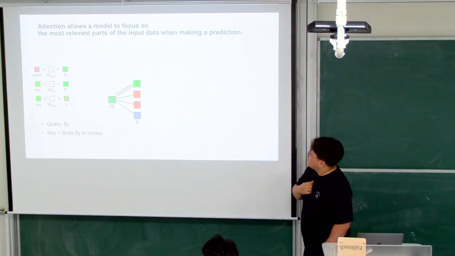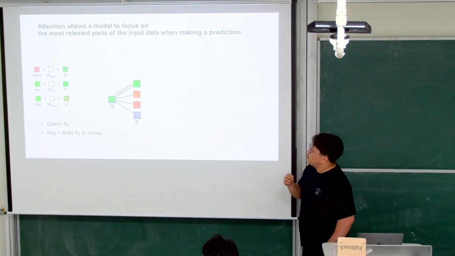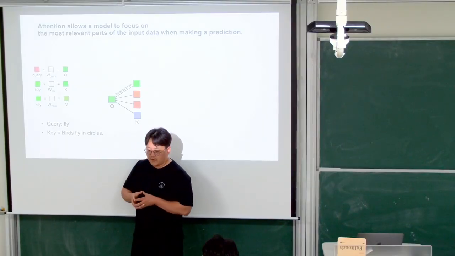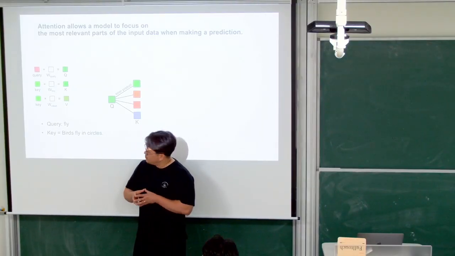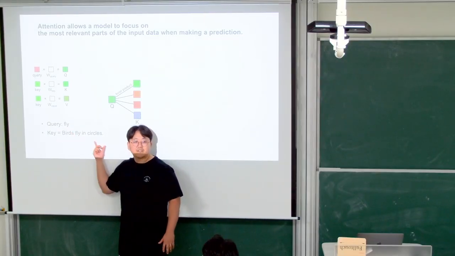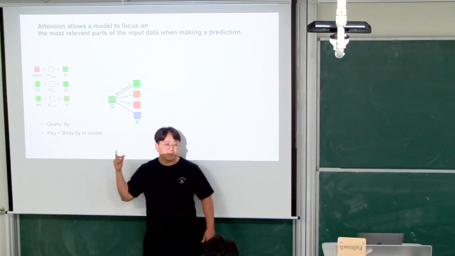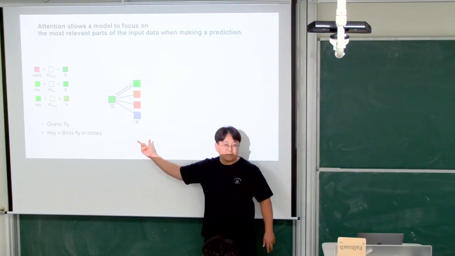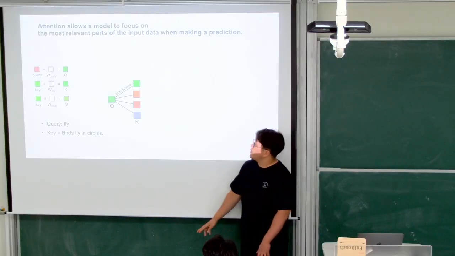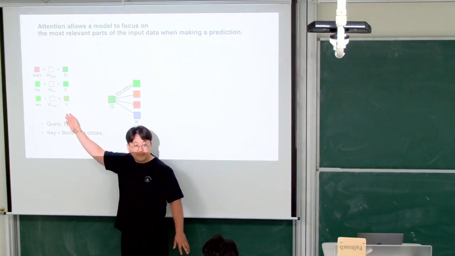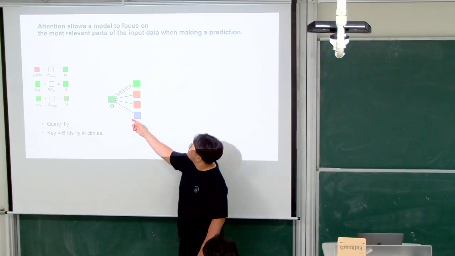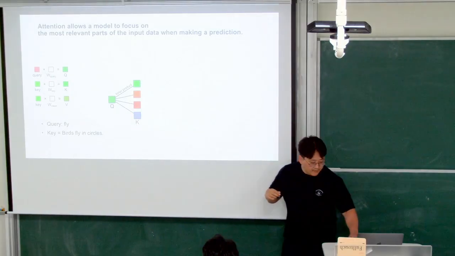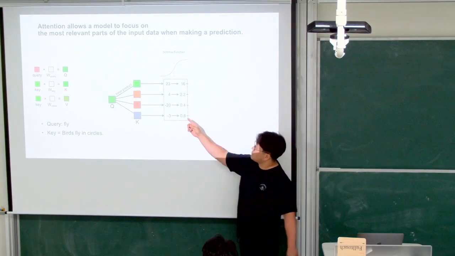Actually, we want to find the meaning of the query token in this context. To do that, many people use the attention algorithm. After we obtain the Q, K, and V tensors, we multiply Q and K to obtain the score.